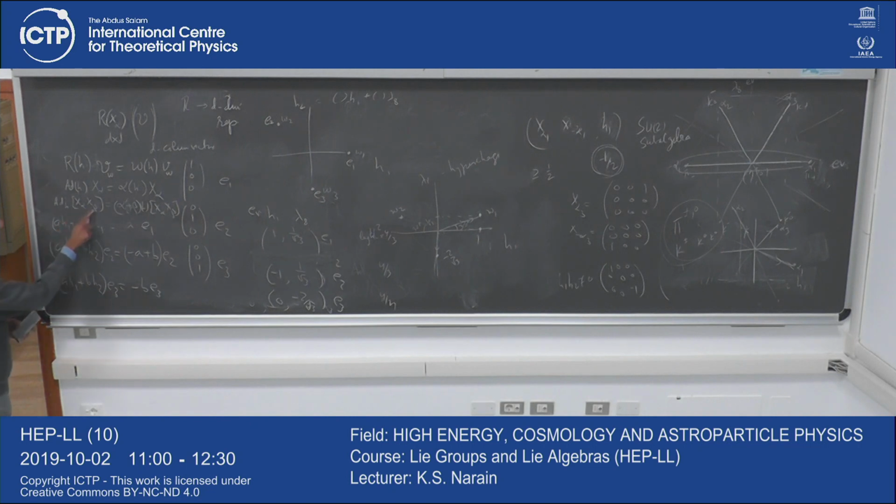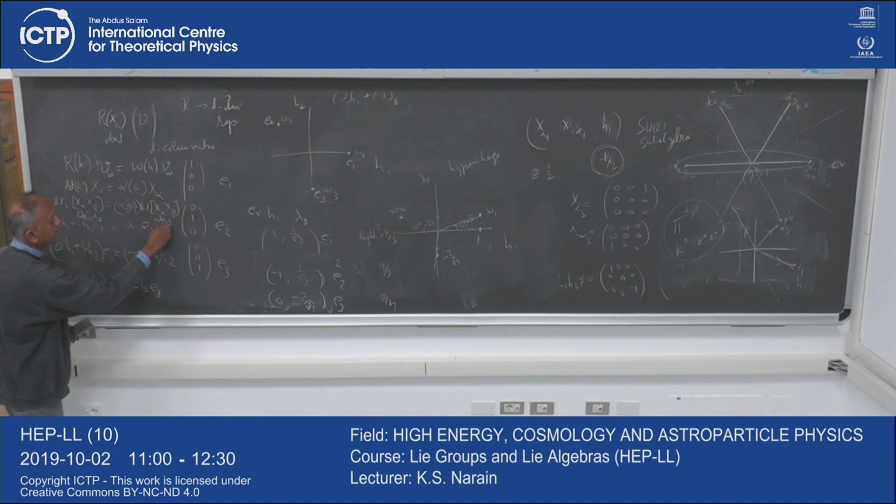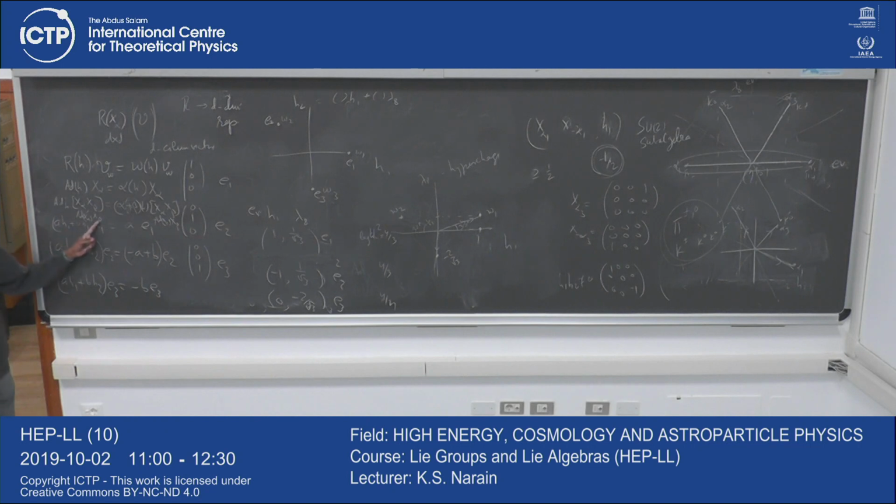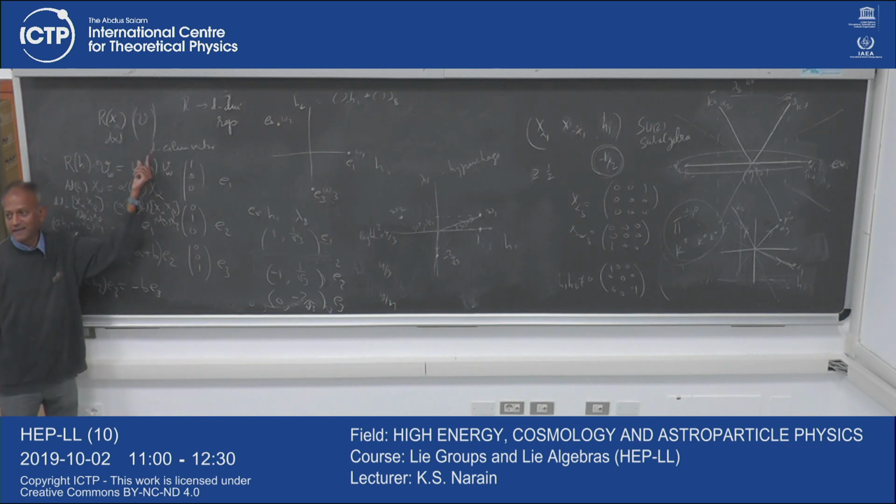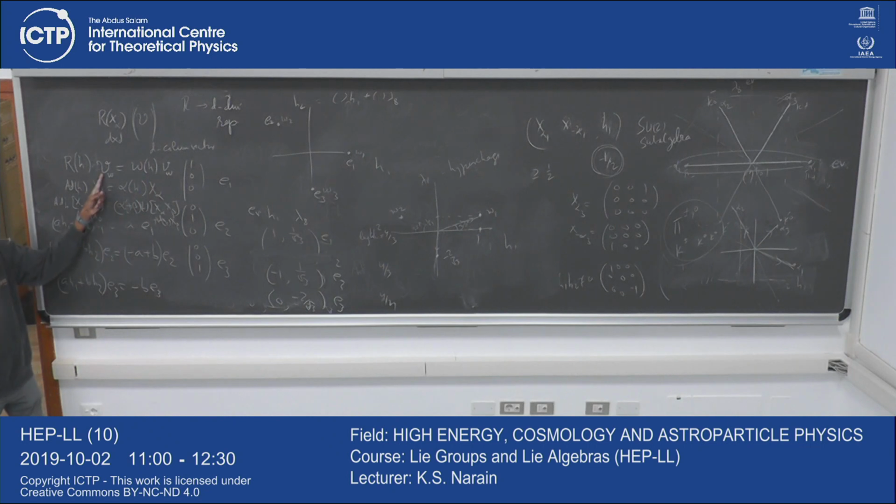But this is the same as add X alpha acting on X beta. So you see what's happening. The X beta is playing the role of V. I mean, after all, in the adjoint representation, this space is itself the Lie algebra. Right? So that is the analog of V.